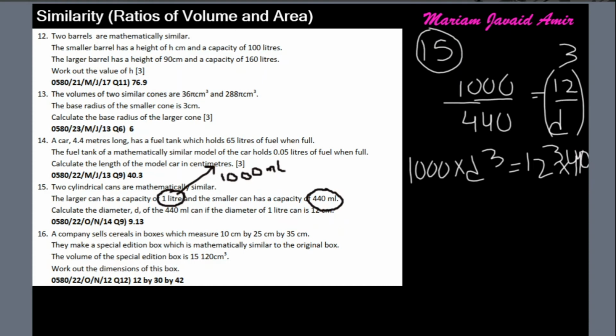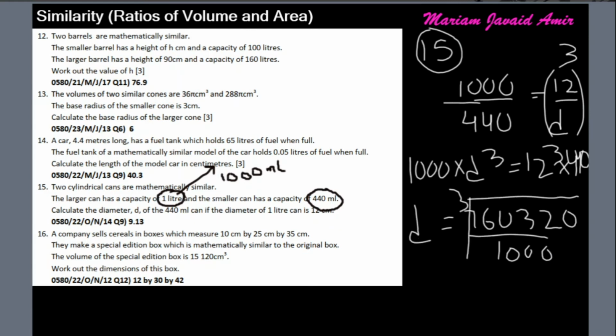So 12 cube times 440 gives me 760320, divided by 1000, and take cube root in the end to get the value of d. Cube root of this answer is giving me 9.1270. So rounded off to 3 significant figures, this becomes 9.13.